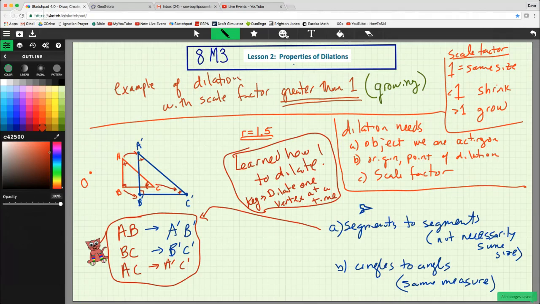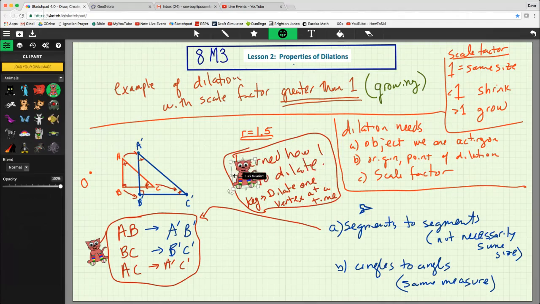And again, we'll happy cat that. So if you have a triangle, you're going to dilate 3 points. If you had a square or a rectangle, you'd dilate 4 points. If you had a pentagon, a 5-sided object, you dilate 5 points, and then you draw in your shape at the end. You draw in your line segments at the end.